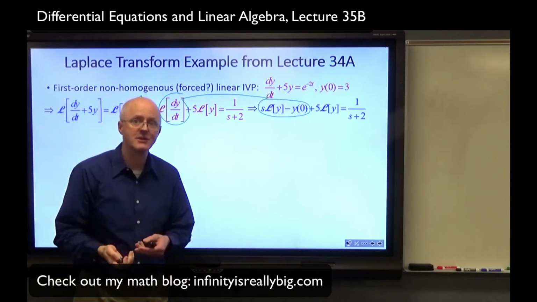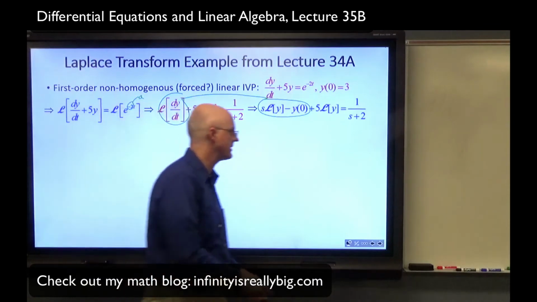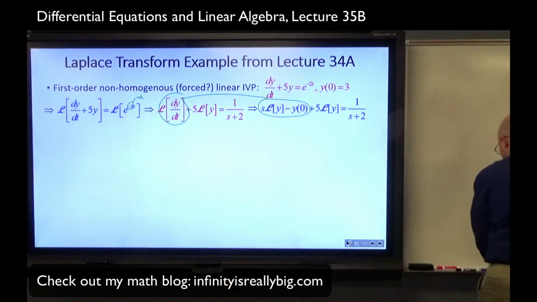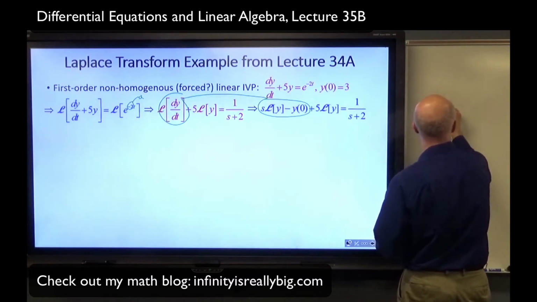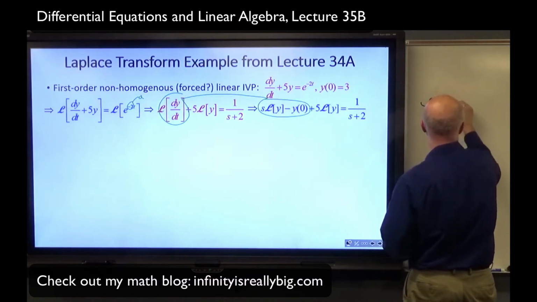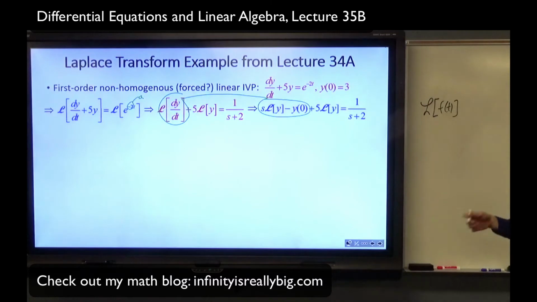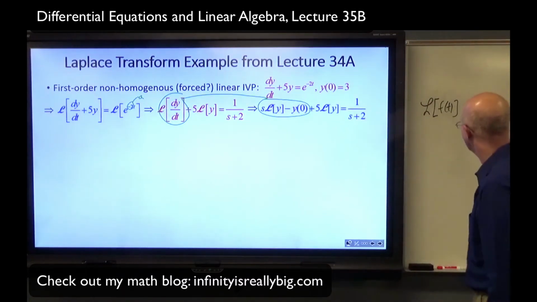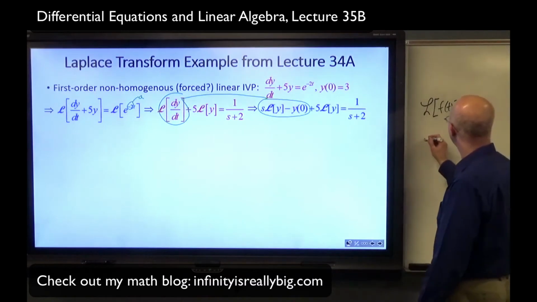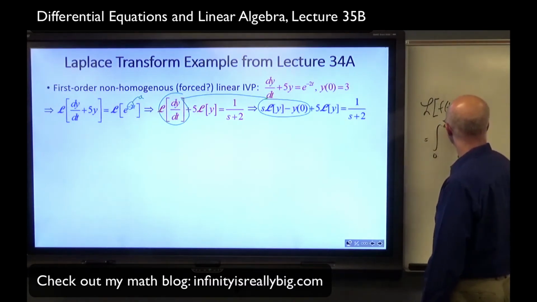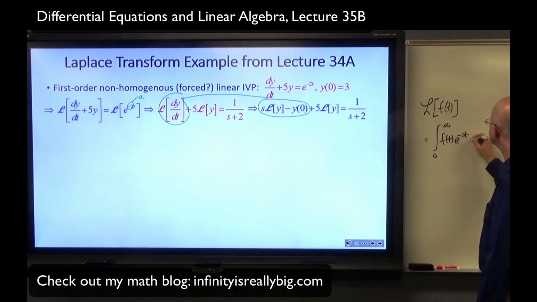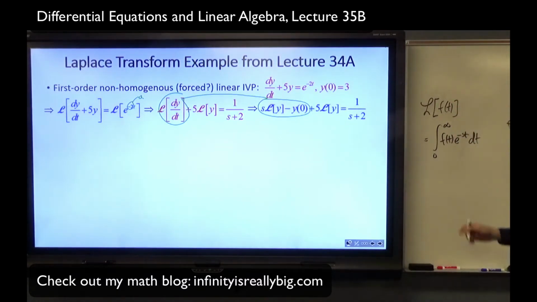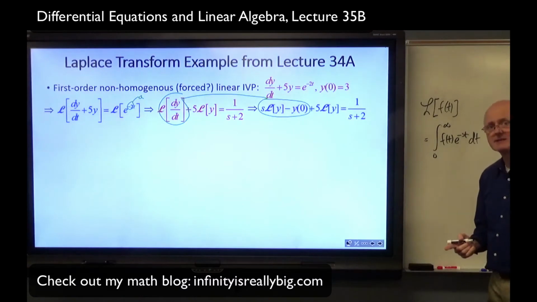We used the definition of the Laplace transform in terms of an improper integral. I'll put it up on the board to remind you. The Laplace transform of a function, little f of, say, t. I'll put the t in here explicitly, though I don't always do that, including in this lecture. It is by definition the improper integral from 0 to infinity of little f of t times e to the negative st dt, where when you use the formula you think of s as fixed.